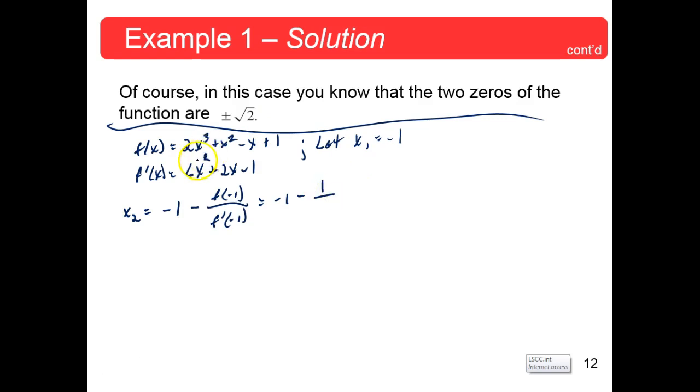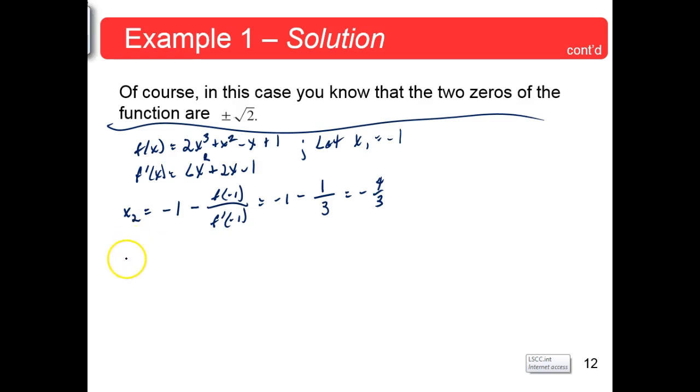Divided by 6 times negative 1 squared, which is 6, minus 2 minus 1. So that's 6 minus 3, which is equal to 3. Okay? So this gives you minus 4/3. I'm not going to write it as a decimal number, but got it, right?